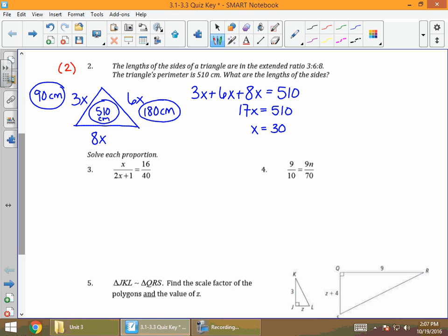And then 8x, 8 times 30, is 240 centimeters. Now, where did the 2 points come from? If you found x to be 30, I gave you 1 point. And if you found all three sides, you got the other point.